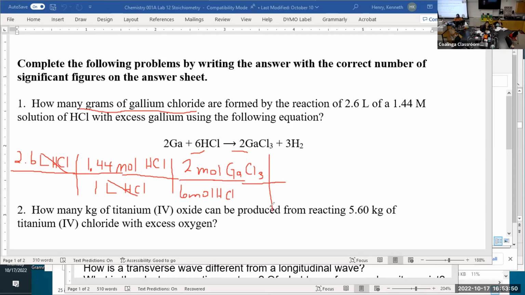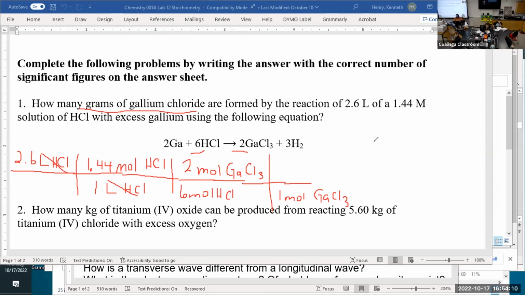Now that I have moles of gallium chloride, I can get my molar mass. What is the molar mass of gallium chloride? How would I calculate that? I would use the periodic table.